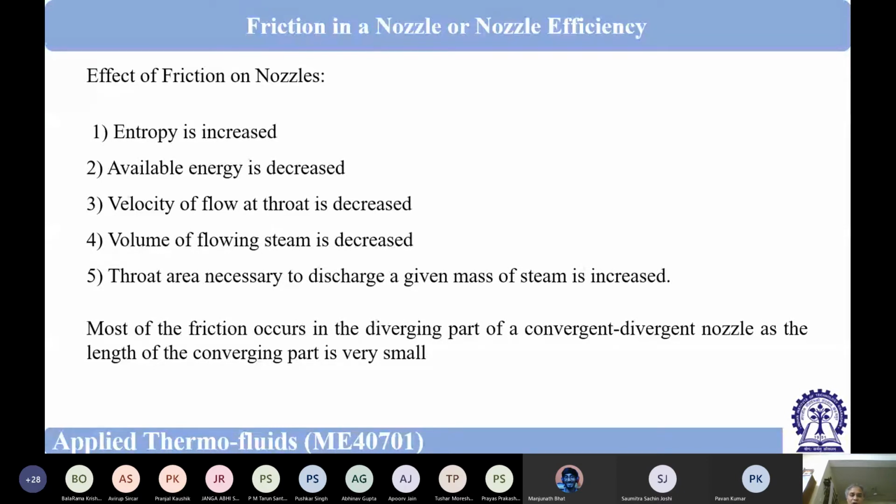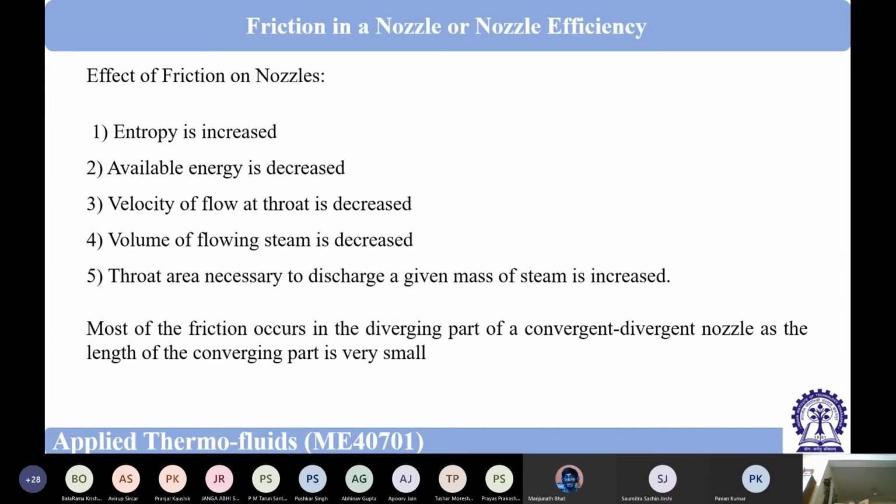Most of the friction occurs in the divergent part of a convergent divergent nozzle, as the length of the converging part is very small. So please remember that we are using a convergent divergent nozzle, but the length of the convergent part is very small.